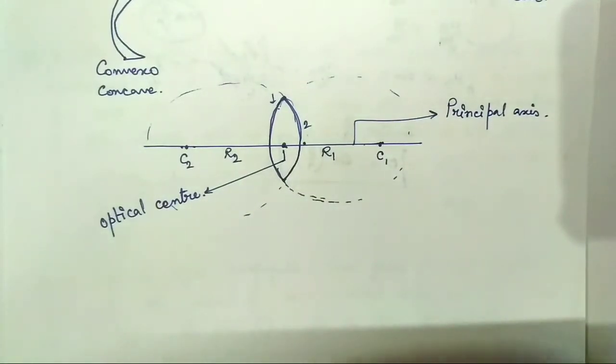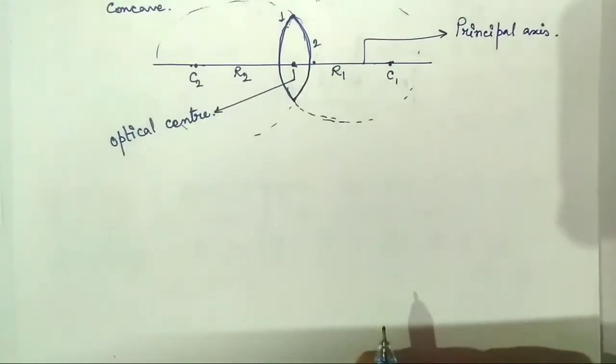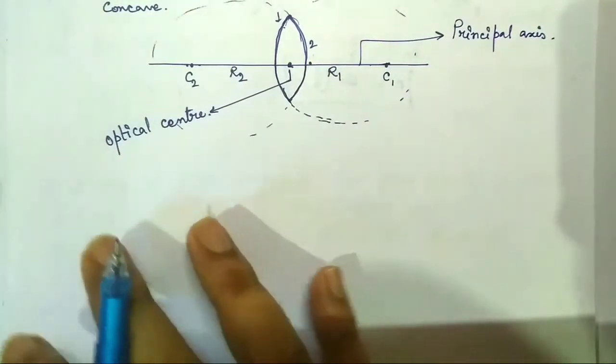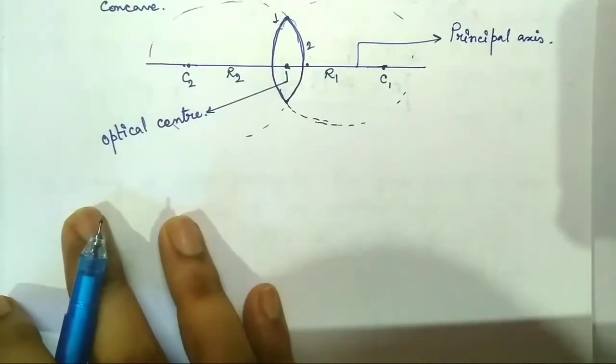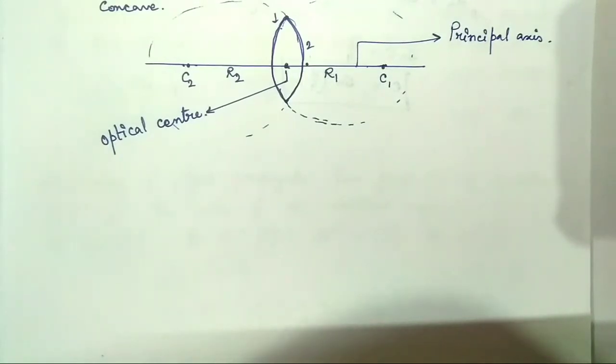Now, what will be the principal focus? In general, we define two principal foci for a lens: number one, first principal focus, and number two, second principal focus. But whenever we say the principal focus, you have to consider the second principal focus of a lens.